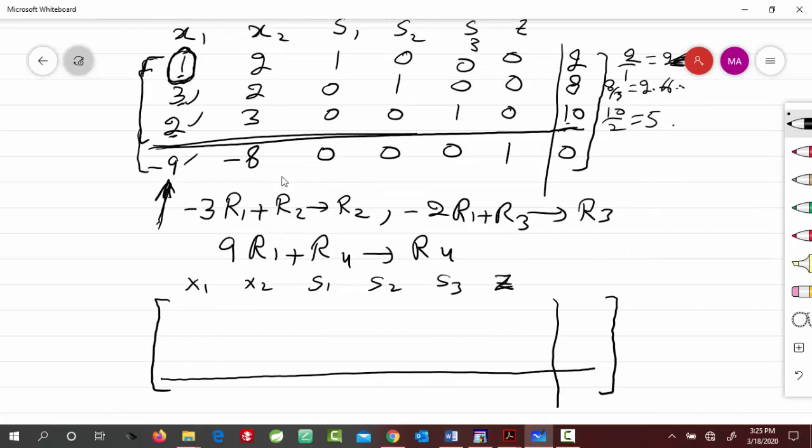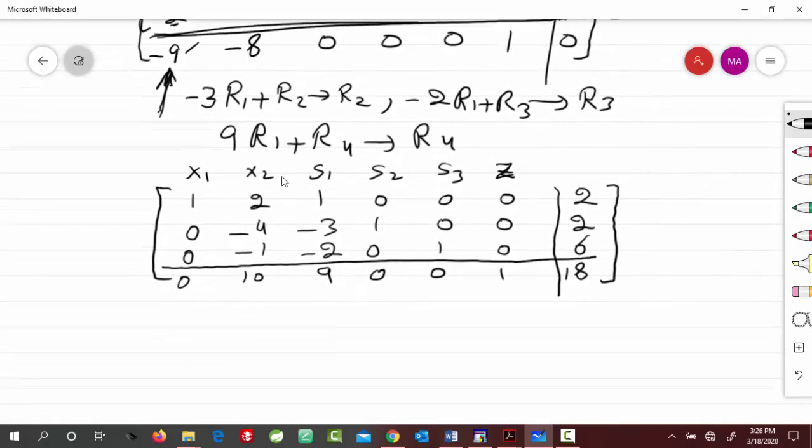The pivot row stays as it is: 1, 2, 1, 0, 0, 0, 2. By performing these operations, my next table would become.